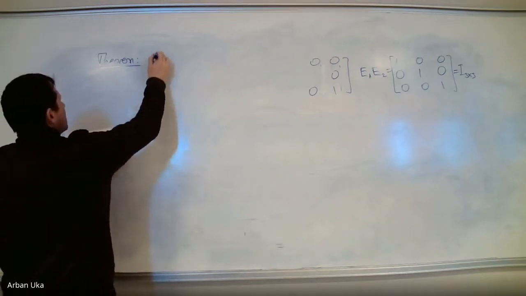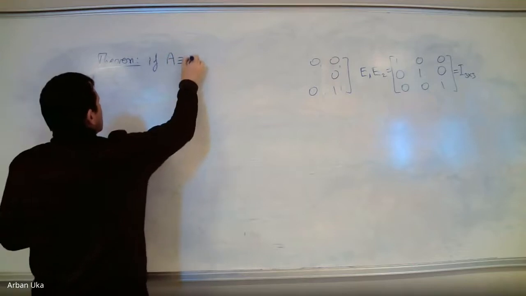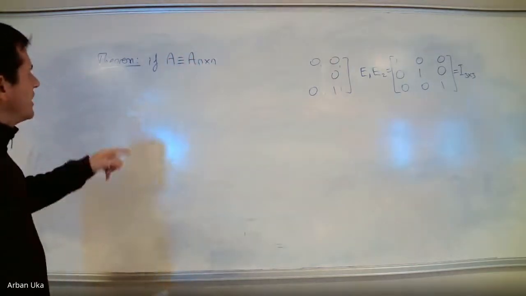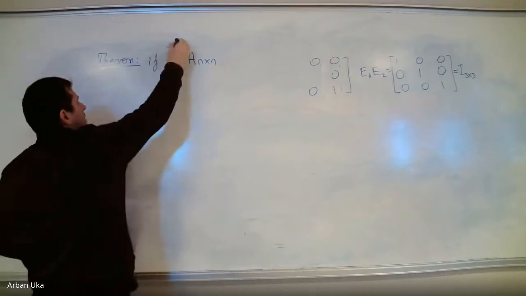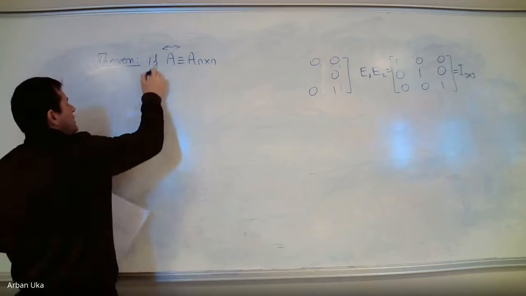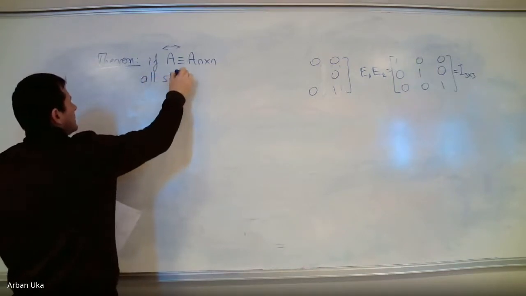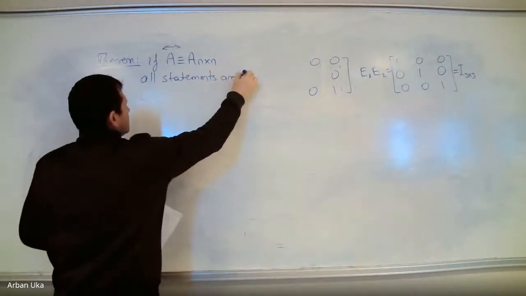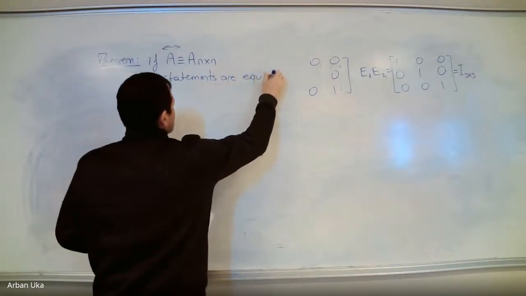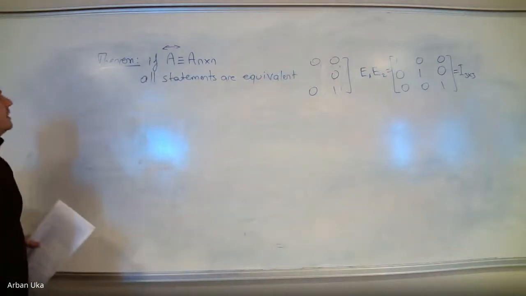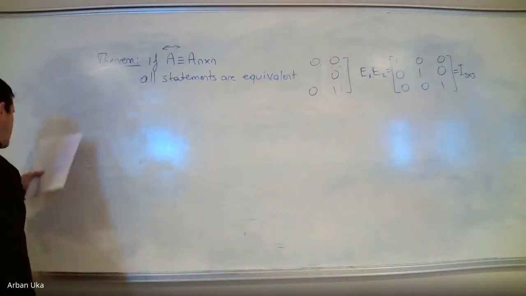So if A is an n by n matrix. This is how we read this. Any matrix A, if it is n by n, n rows and columns, all statements are equivalent.